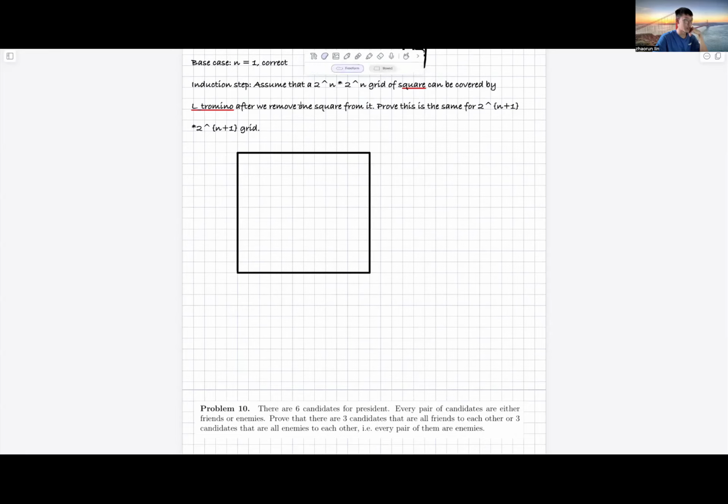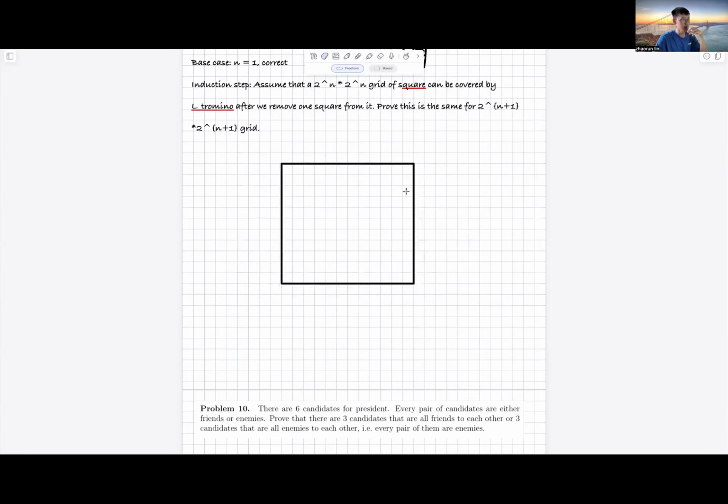Whatever. Actually, it's not a square, but whatever. So consider this as a square, and it has length 2 to the power of n plus 1. So we can divide it into 4 parts.